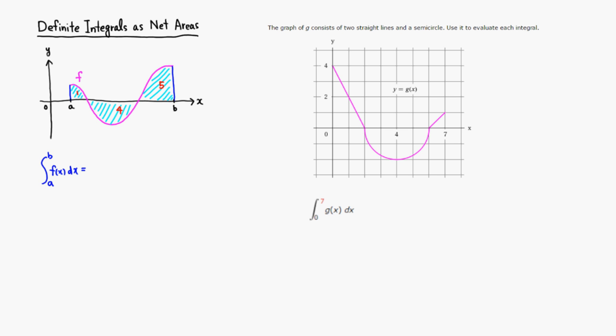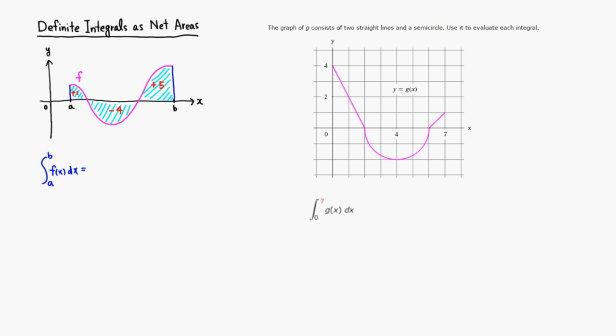So, for example, 1 has a positive contribution. If we go below the x-axis, area 4 here is going to have a negative contribution. Then up here you have a 5, above the x-axis.